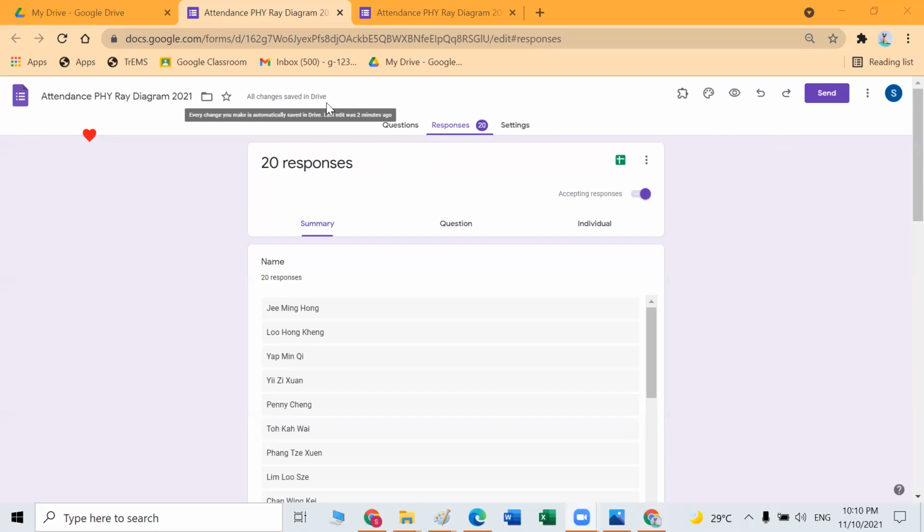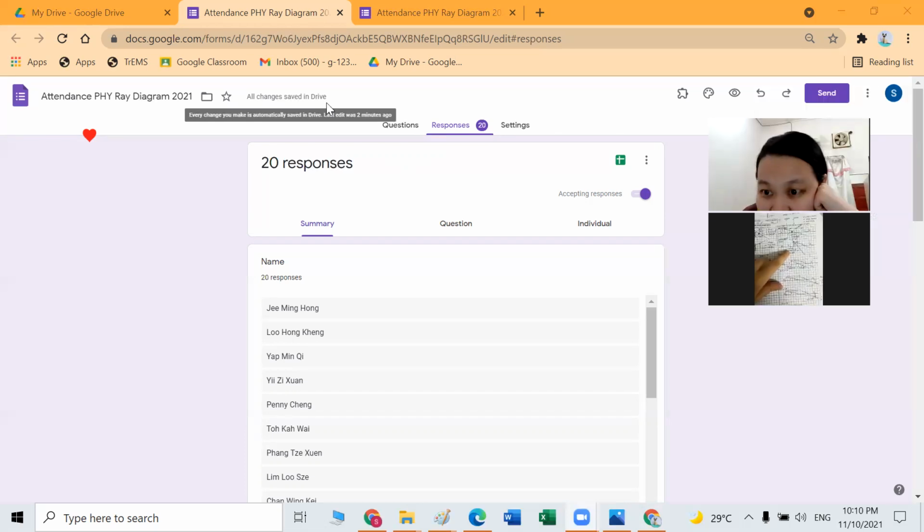Wait, I show video. So for this question, the image length is lesser than f. Correct. But my reference book shows image length bigger than f.